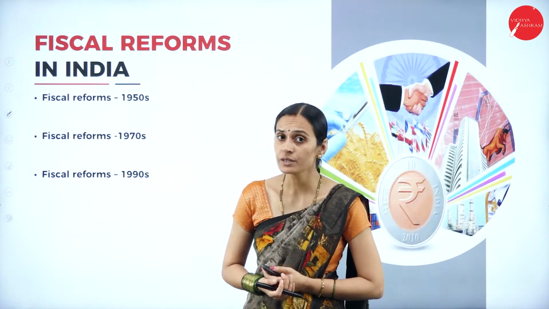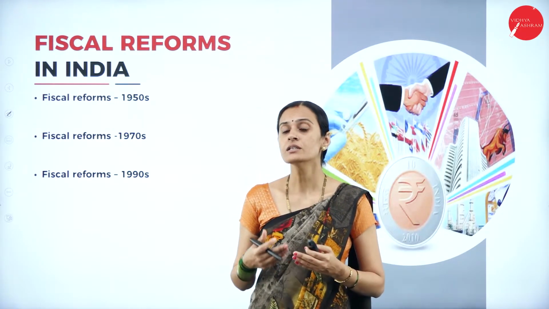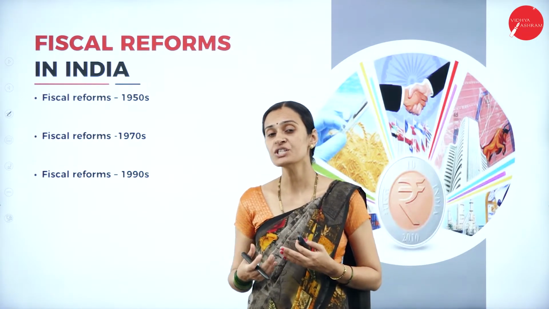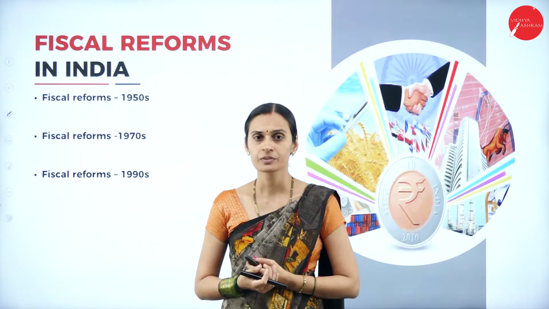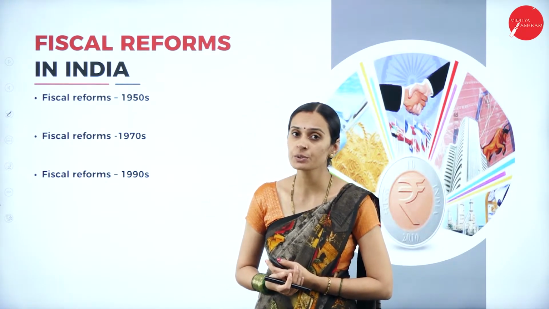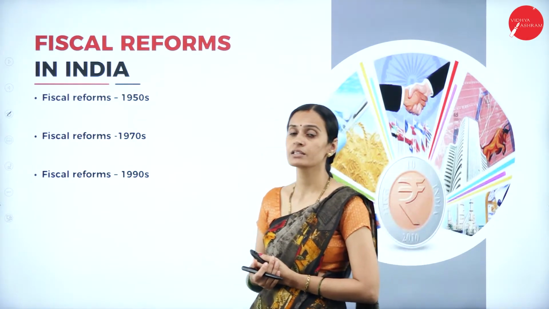And one more important point we should note here. It focused on raising revenues through taxation and improving the quality of public expenditures. With this main objective, it was introduced by the government, and there are three important reforms taken by the government.